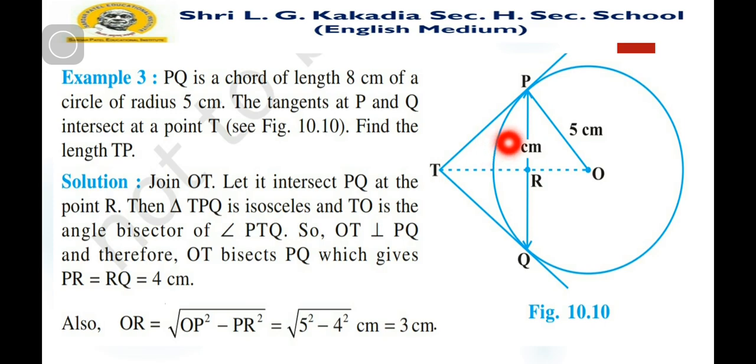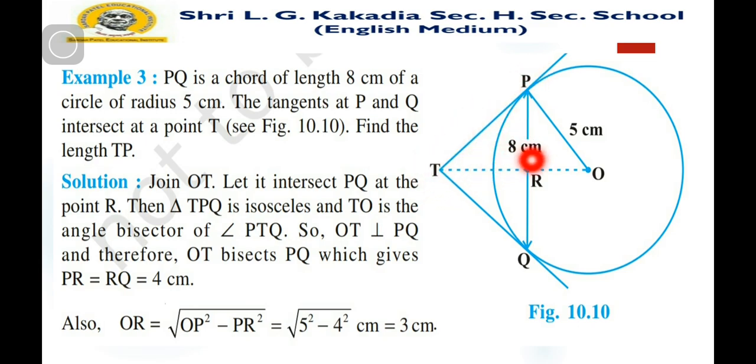So by using the similarity rules, if both the triangles are similar to each other, then by comparing the sides we can find the side TP.